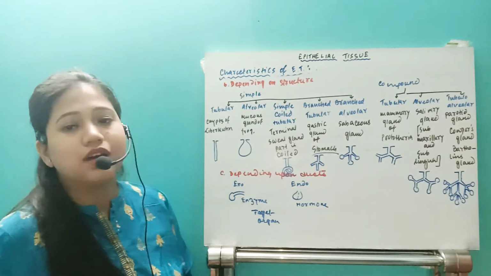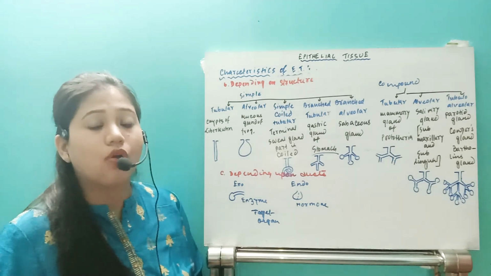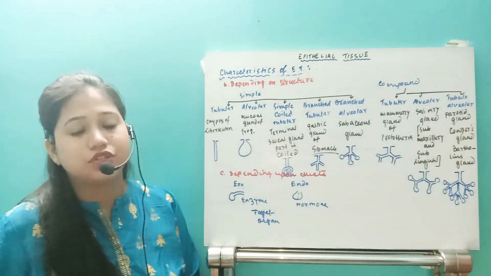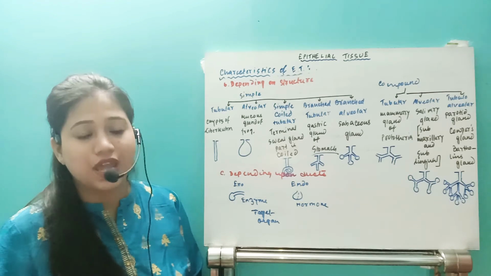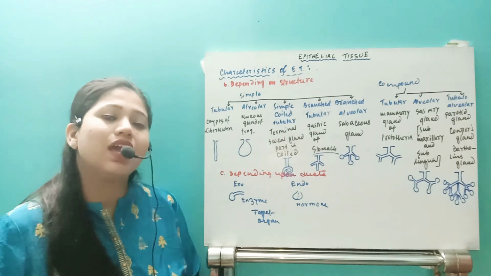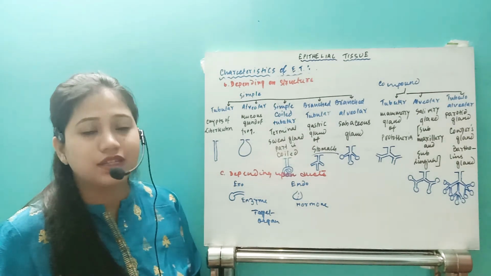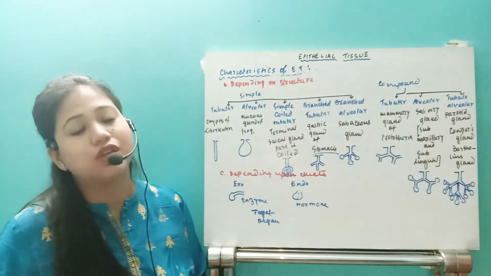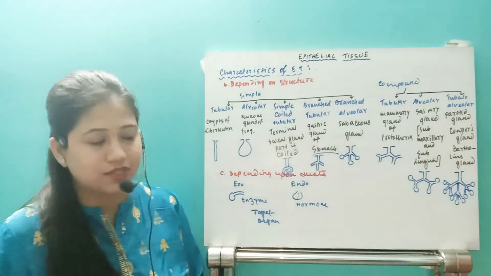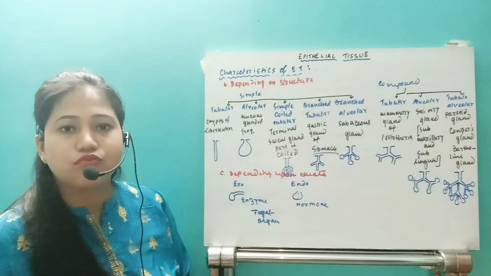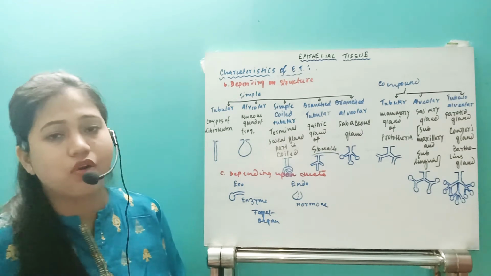So this is another characteristic of the epithelial tissue: epithelial tissue has one function, that it is a modified gland. That means epithelial tissue can convert itself into a gland. Next one, let's move to the next characteristics of epithelial tissue.